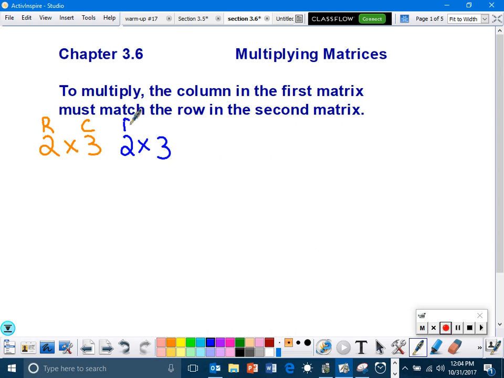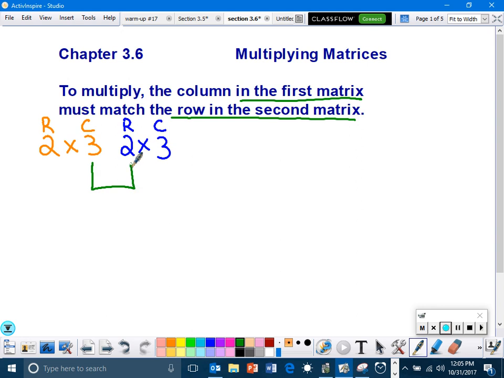Again, this is the row, this is the column. Now, can I multiply them together? Well, let's read what it says. The column in the first matrix must match the row in the second matrix.